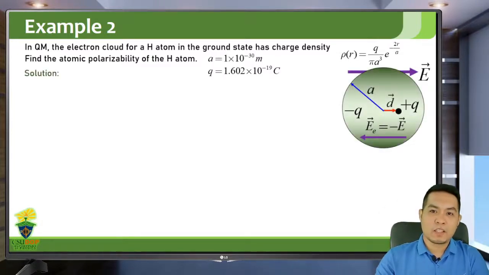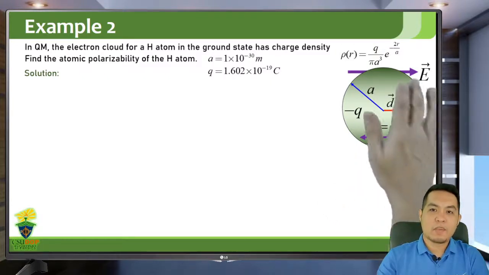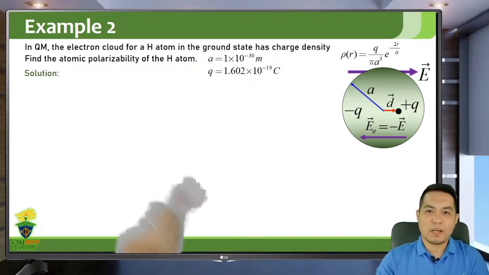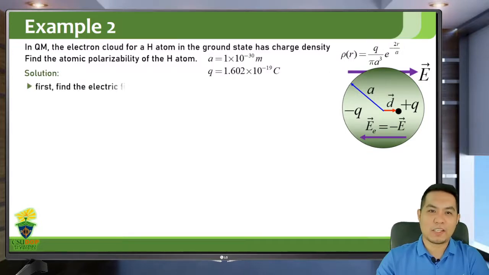The same thing will happen as in the previous example, the primitive atom, even though we are now using a quantum mechanical result for the charge density.